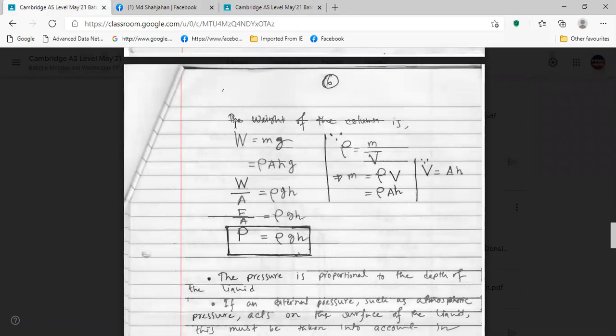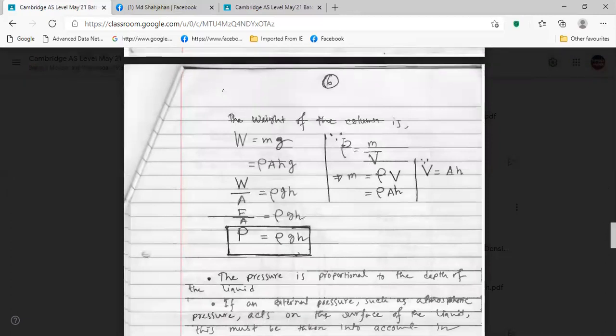Liquid molecules have mass, and if they have mass they also have weight. So weight is mg, right?